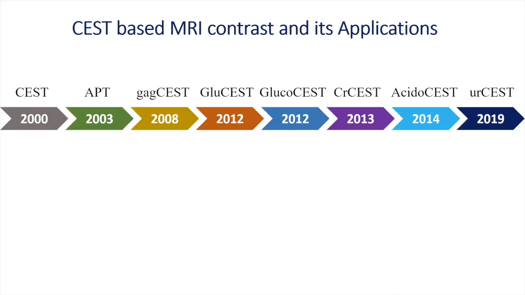After that, many interesting CEST molecular imaging contrasts were reported, such as APT, amide proton transfer, which can measure the protein and peptide content and intracellular pH. And GAG-CEST can measure GAG, GluCEST can measure glutamate, glucose-CEST can measure administered glucose, and creatine-CEST can measure creatine and phosphocreatine. And acido-CEST can measure extracellular pH, and urea-CEST can measure urea.